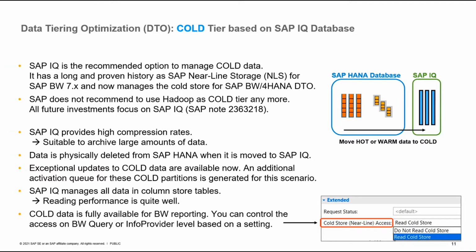And we do not recommend that you start now a new DTO approach in this direction. Finally, the last point: cold data on IQ is still available for reporting for a BW query. There is a flag here in the query definition, which controls whether you would like to access the cold data or not. Here on the bottom right, you see that you can set it to read cold store or to do not read cold store.